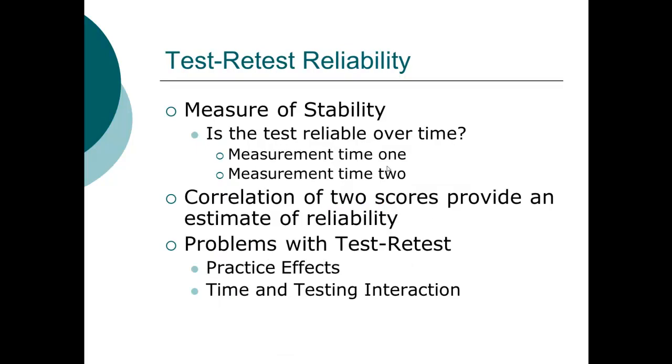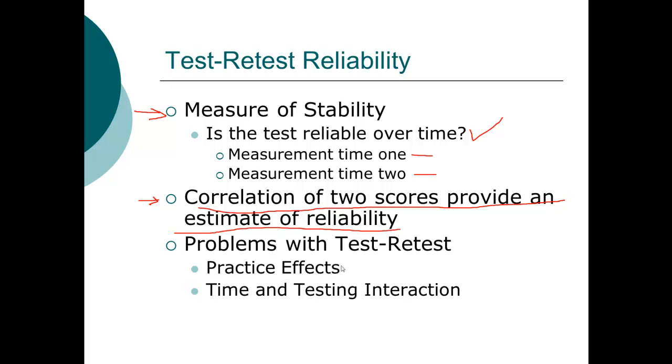To look a little bit more at test-retest reliability, it's a measure of stability. Is a test reliable over time? Years and years, months and months, between the times that we test, between measurement at time 1, time 2, time 3, whatever it is. Then you correlate the two scores, and that's an estimate of reliability.